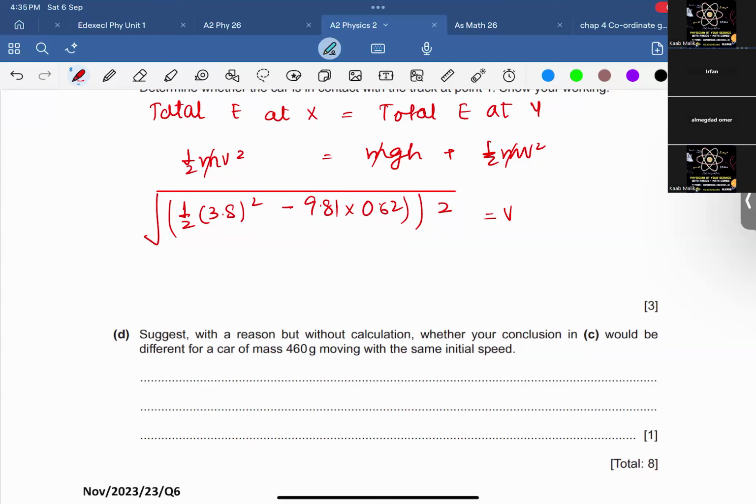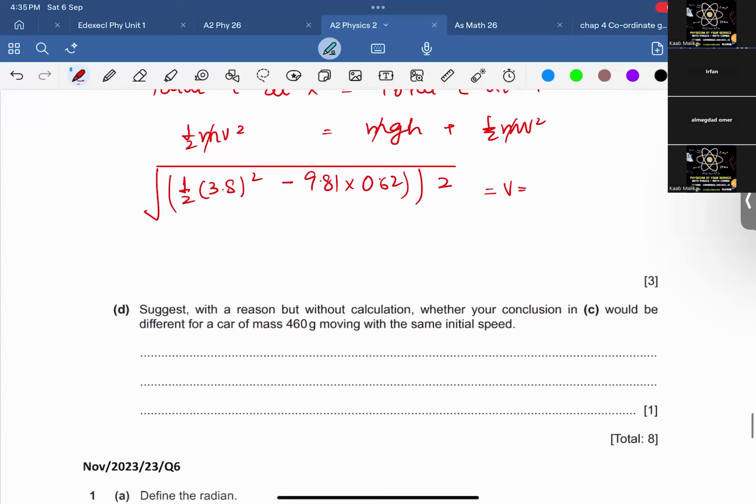1.51. Now just put it in the acceleration formula, v squared over r. So 1.51 squared divided by the radius, which is 0.31. That gives 7.34, so the acceleration is 7.34.